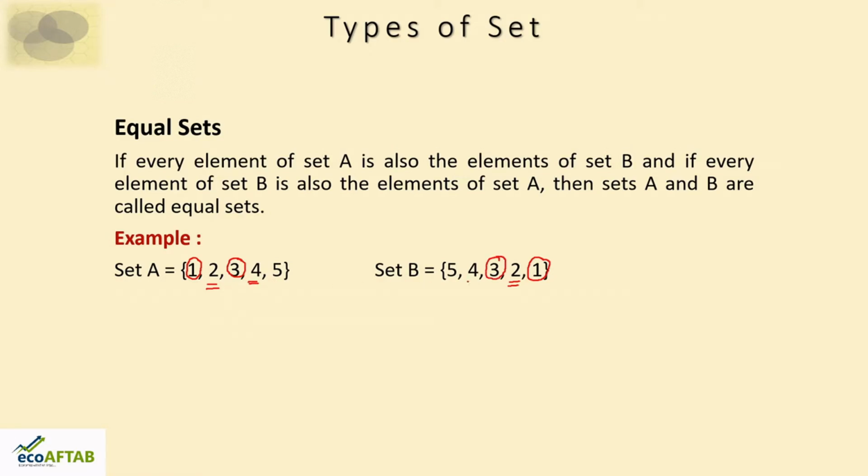Similarly, 4 is there in set A, and in set B. 1 is there, and 5 is there in both. So we can say both set A and set B are equal sets. So what it is saying: if every element of set A is also an element of set B, and if every element of set B is also an element of set A, then sets A and B are called equal sets. So this is one example of equal sets.